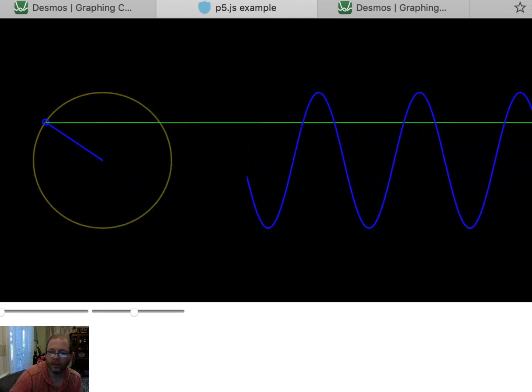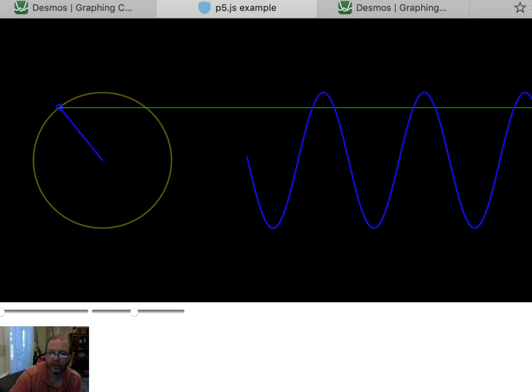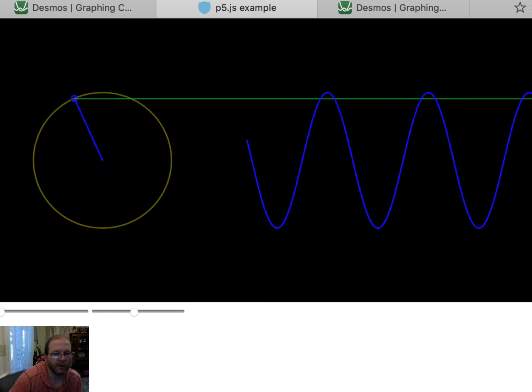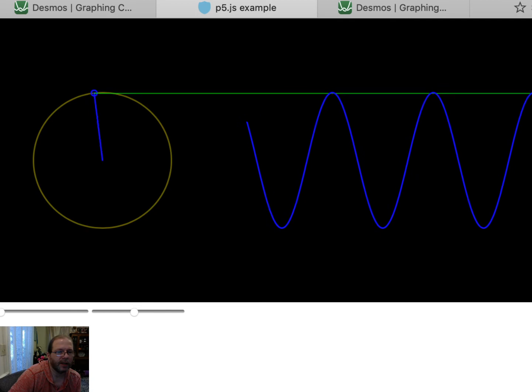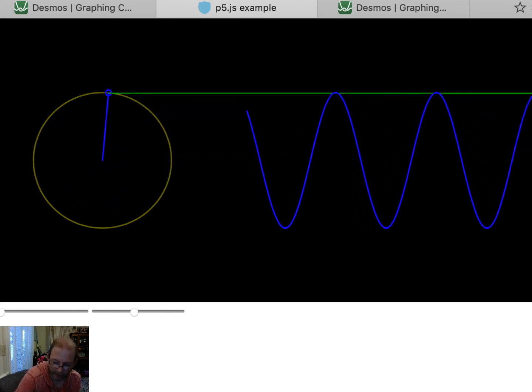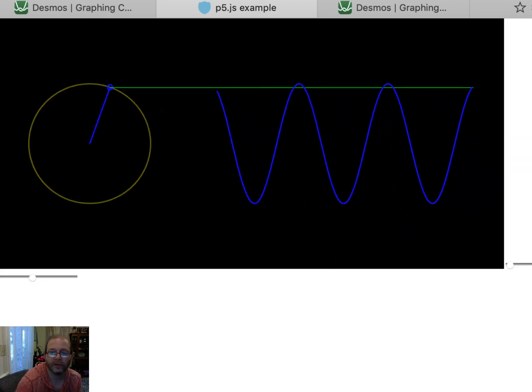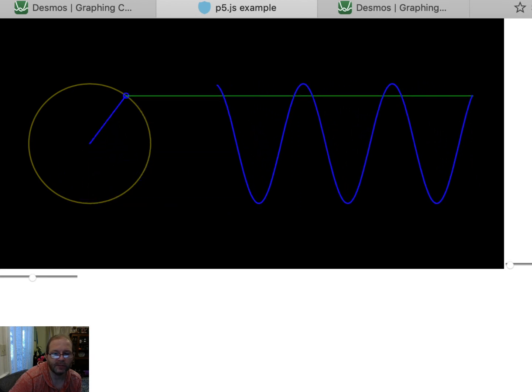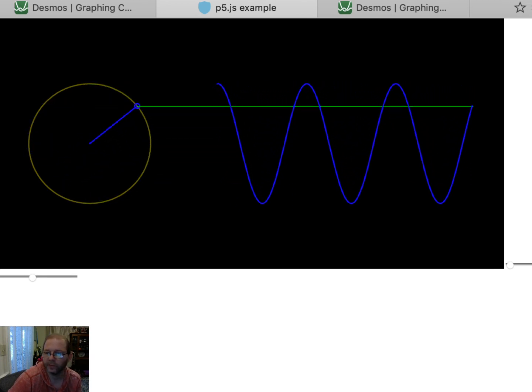And notice the point is moving around the circle, and I'm tracing out the y coordinate, and that's what's giving us this nice sine wave over here.